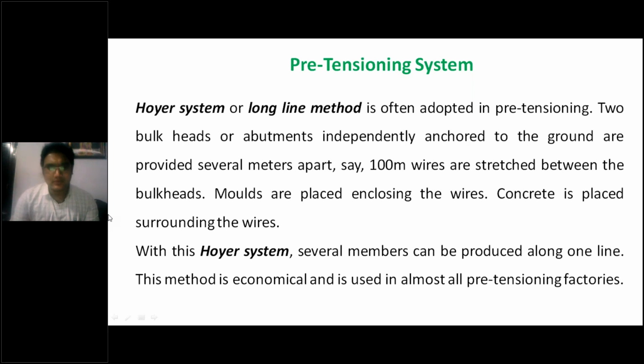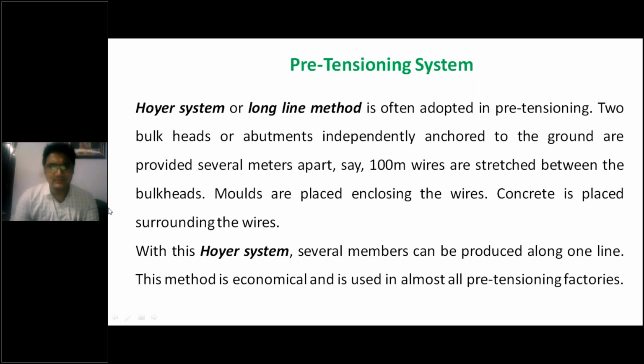The wires are anchored to those heads, and the molds are placed enclosing the wires. Then the concrete is placed surrounding the wire. What do we mean by pre-tensioning? Pre-tensioning is done before the concrete is cast. So we all know what pre-tensioning is.